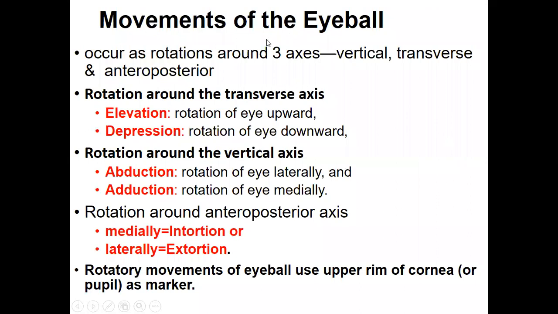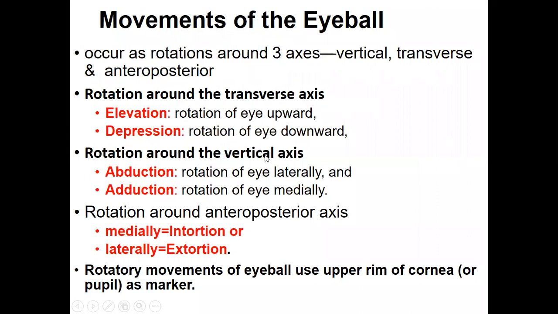Now movement of the eyeball occurs as rotations around three axes: vertical, transverse, and anterior-posterior. Rotation around the transverse axis is elevation, that is the rotation of the eye upward, and depression, that is the rotation of the eye downward.